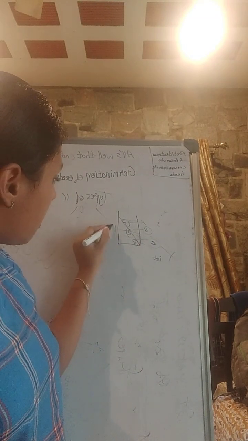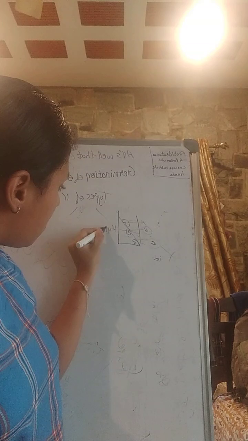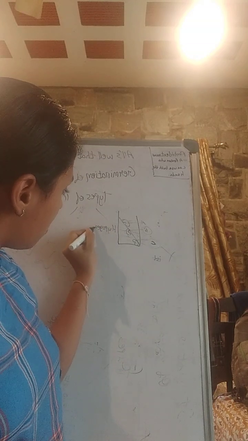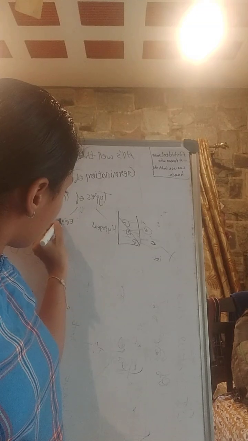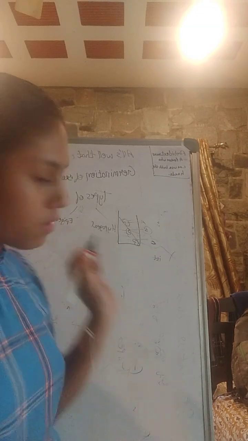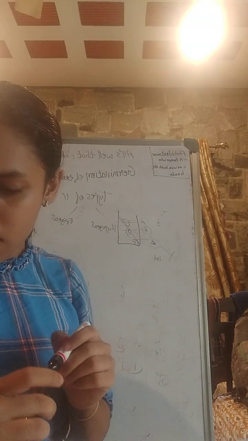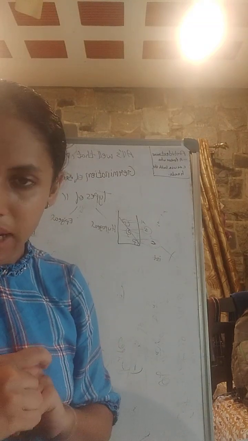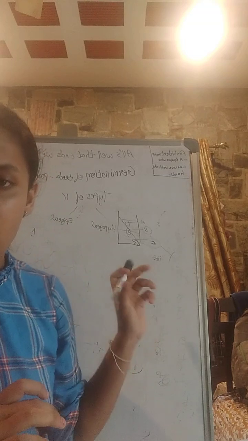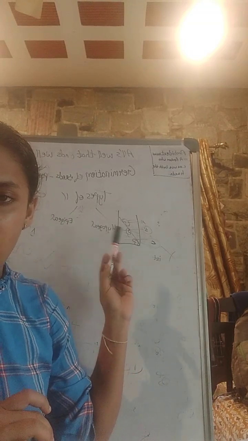So there is hypogeal and epigeal germination. There are two types, mainly two types, hypogeal and epigeal.